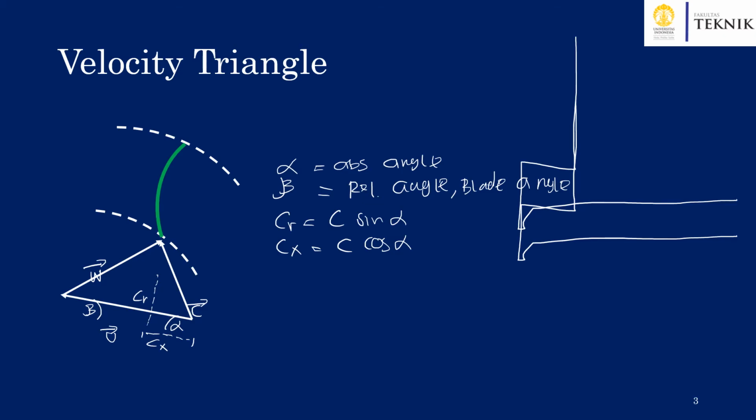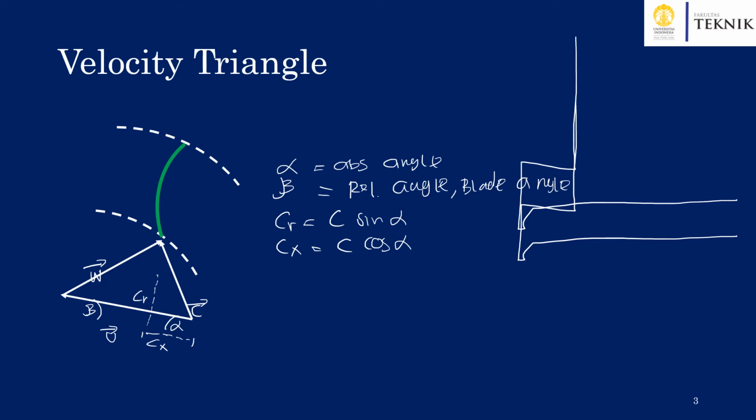These rules are also applied for the outlet part. So now we only talk about the inlet part of the blade, but for the outlet part the approach is similar, so you can start to develop the velocity triangle for the outlet part of this drawing.